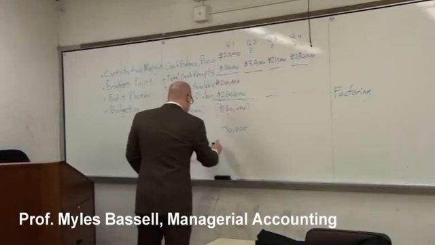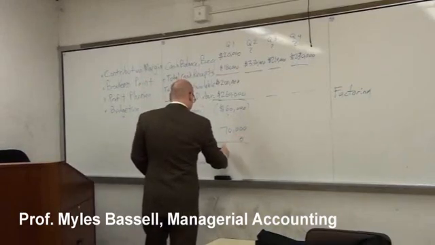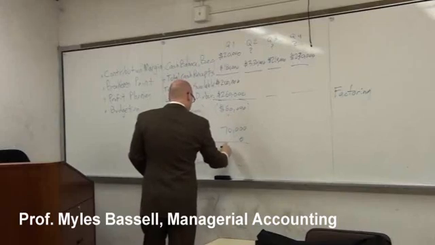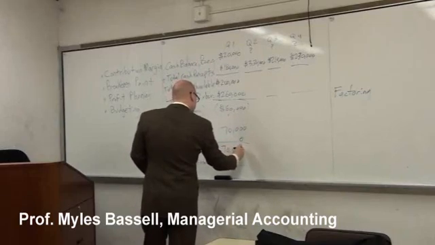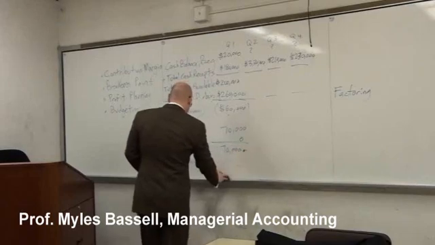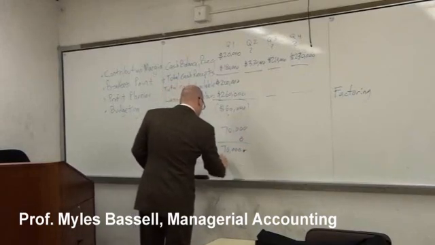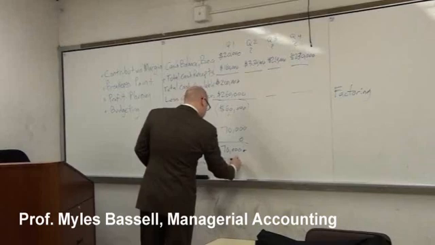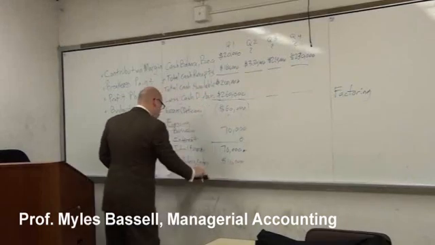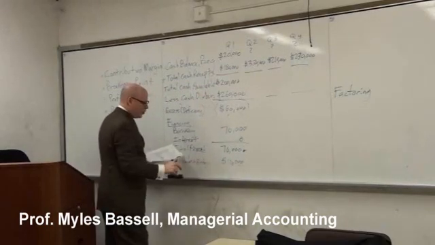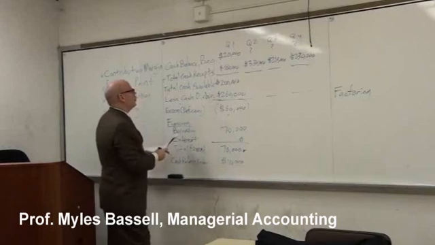So our total financing here is 70,000. And that means that our ending cash balance is $10,000. That's our target, our minimum cash balance. It says $10,000. All right.